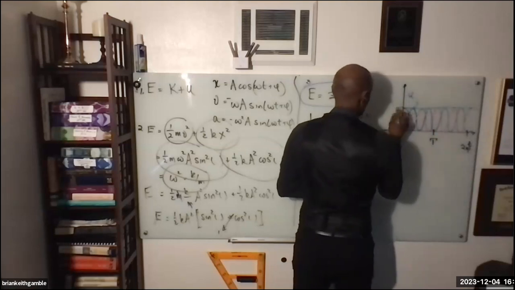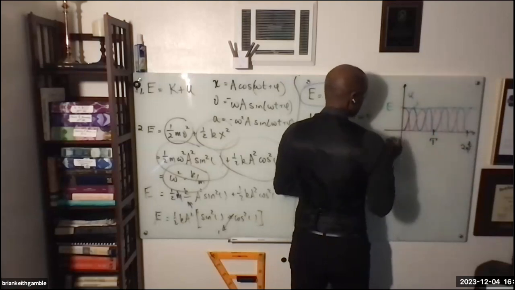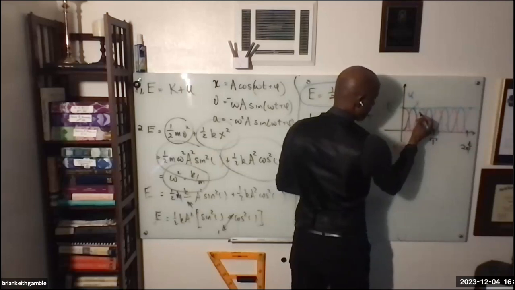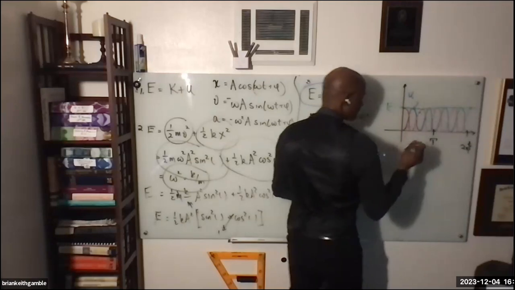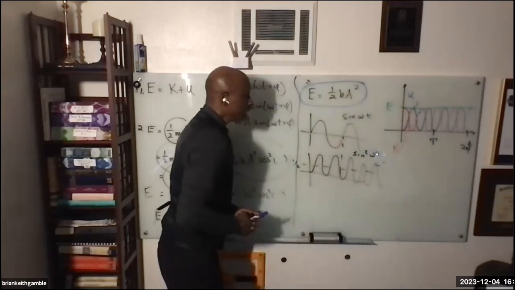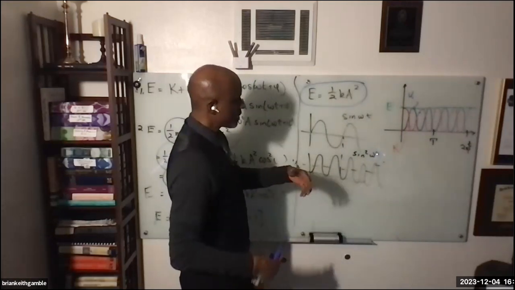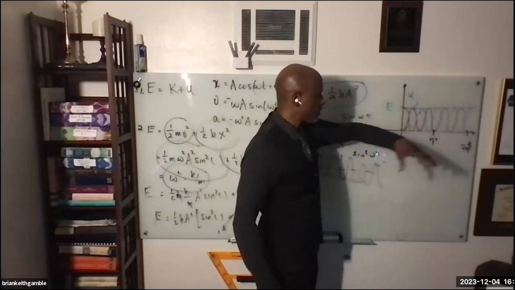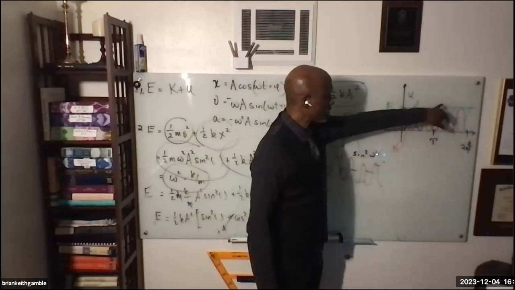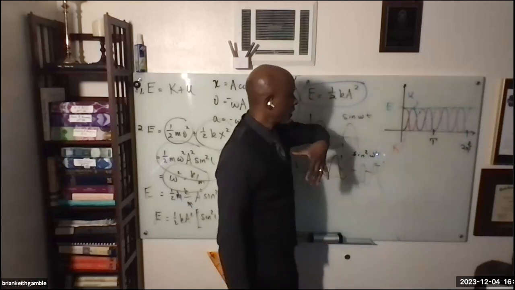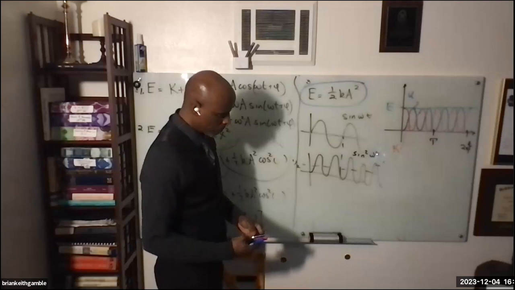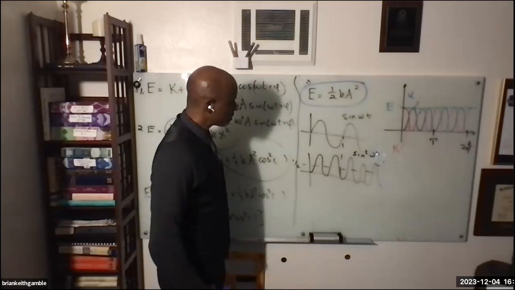That's E. So this is E, this is U. At any point, if you add up that energy and that energy, it's going to give you this energy, E. As the energy switches back and forth, at any point you could have a certain amount of kinetic and potential, but when you add them together at that instant, it's going to give you the total energy of the system, E. So that's for an ideal system.